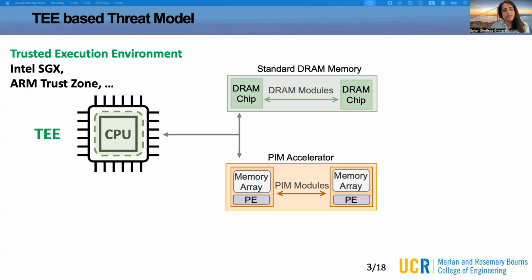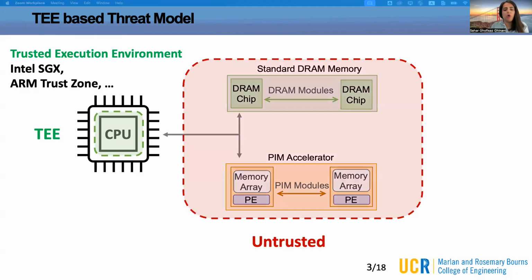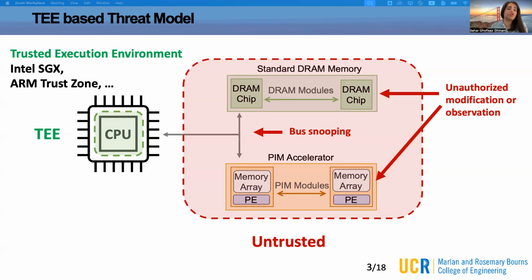So based on these TEE threat models, all the off-chip components, including the standard DRAM and the PIM-enabled memory, are considered untrusted, which means that attackers might try to eavesdrop on the bus to get some information about the unencrypted data, or they might try to maliciously observe or modify the data outside the trusted boundary.